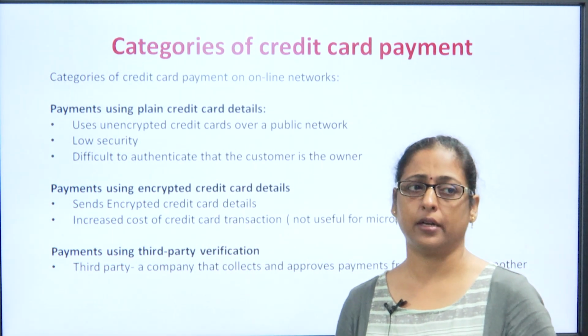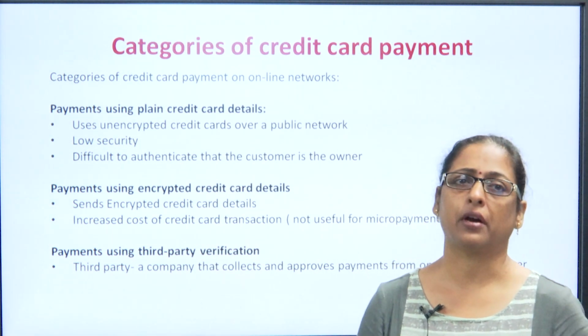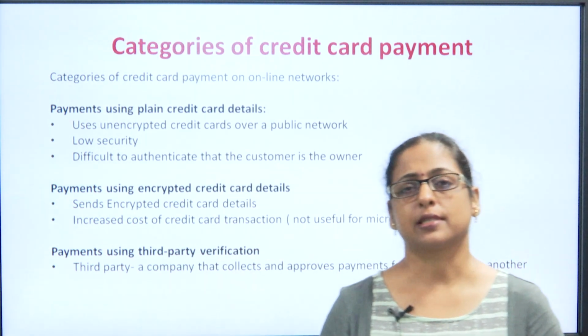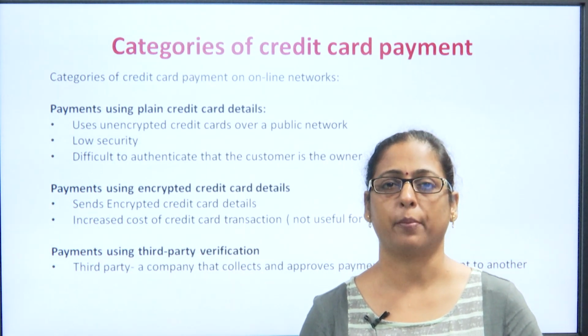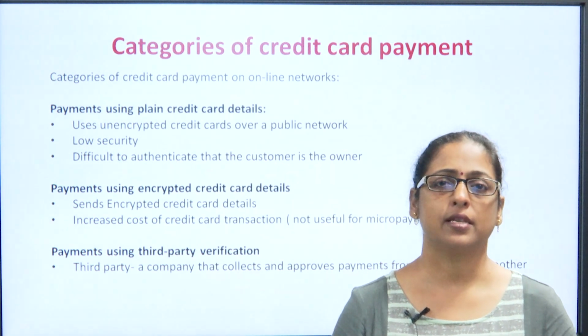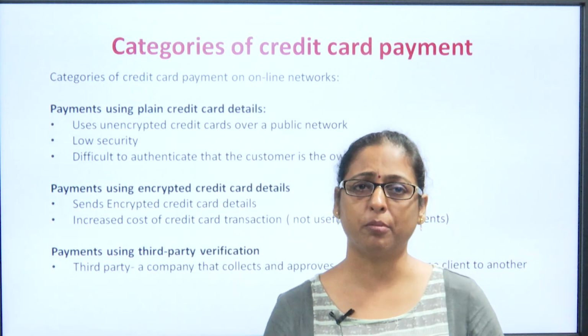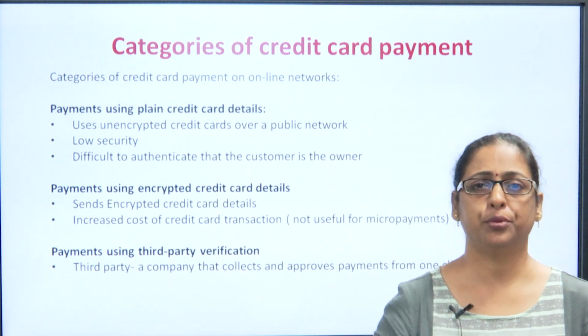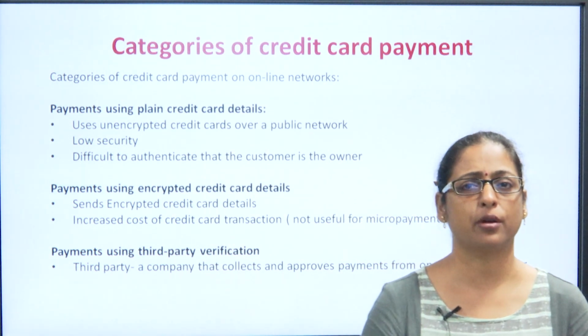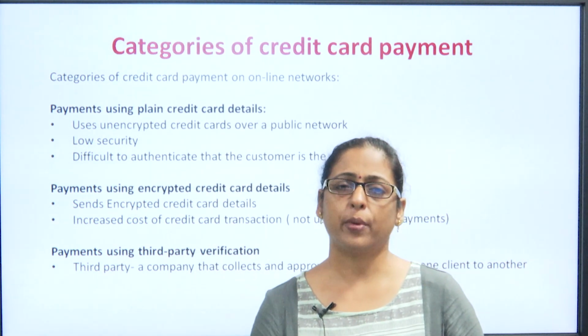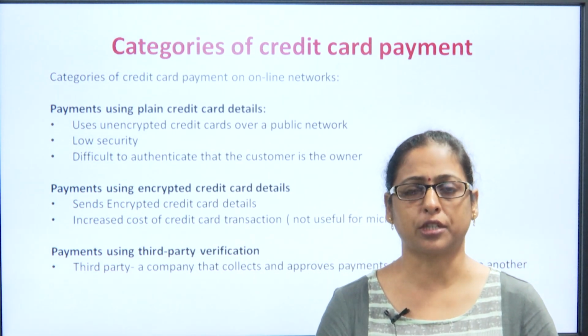The second kind of card is the encrypted card, which I was discussing earlier also. In encrypted cards the transfer of data happens between the two parties, and the information shared between the two parties is encrypted, completely coded, and nobody else has access to such information.